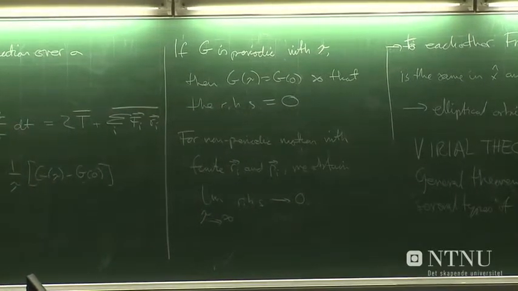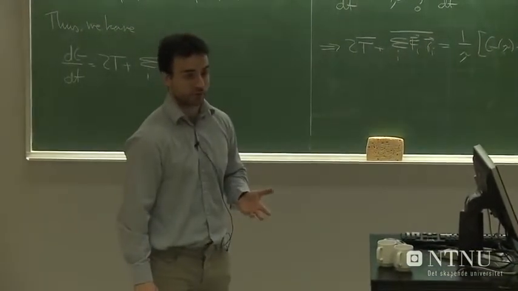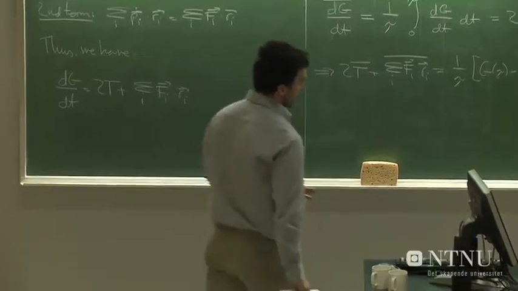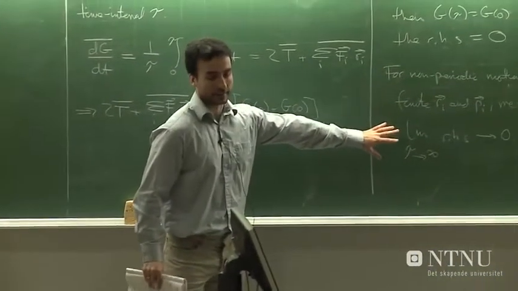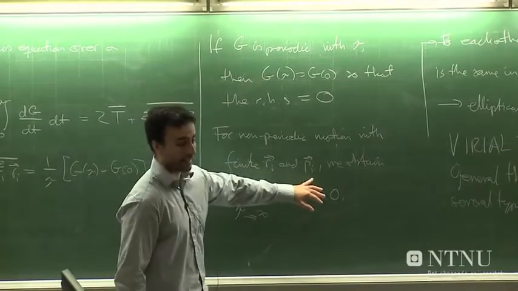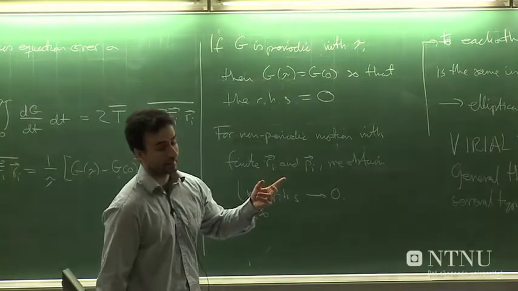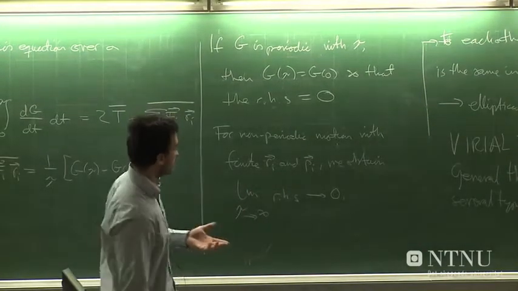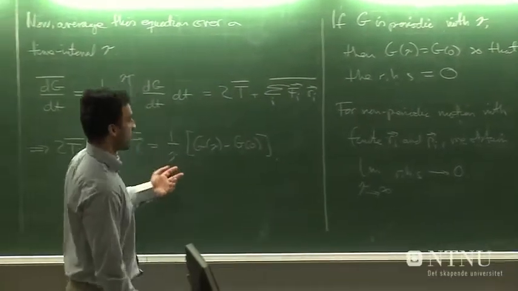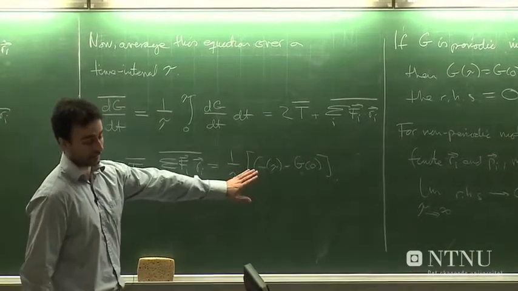Importantly, in this case, we can relax our assumption about periodic motion. This argument does not assume periodicity in any way. We're just saying that as long as Ri and Pi are finite at all times, then G has to be finite at all times. So if we let tau go towards infinity, the right-hand side should vanish.